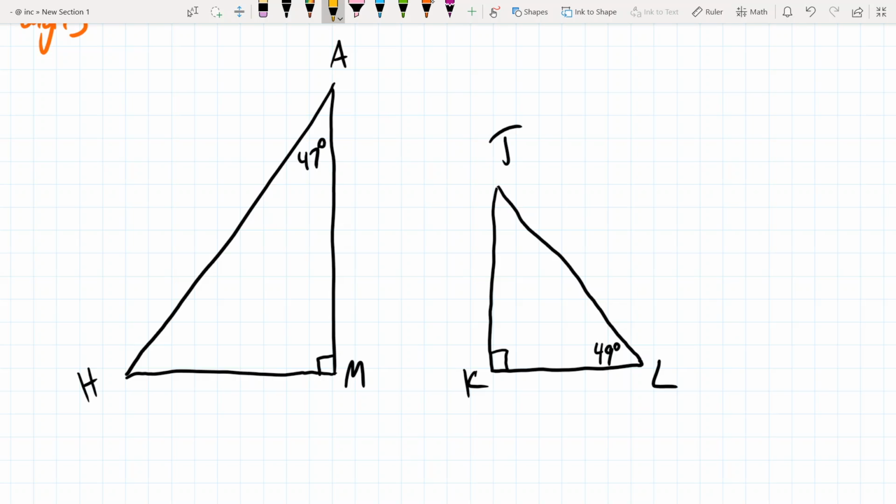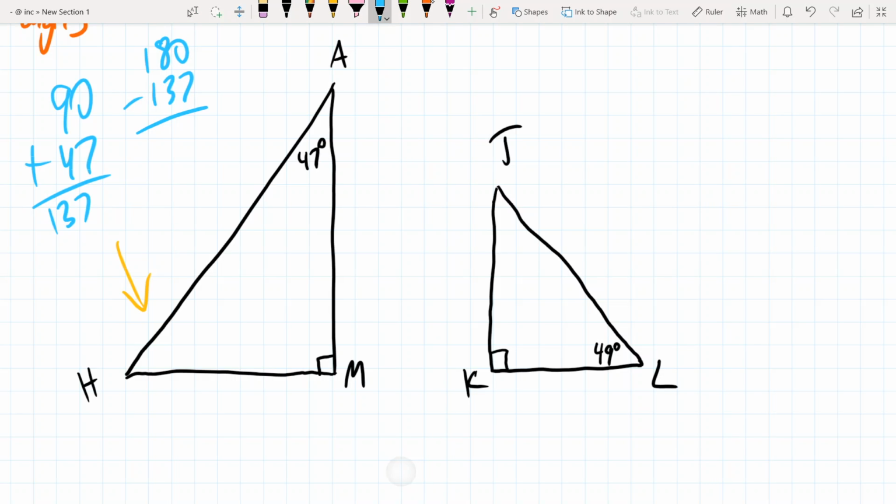It doesn't matter whether we want to find this one right here or this one right here. Let's go ahead and find angle H. So angle M is 90 degrees. Angle A was 47. If you add those up, you end up with what? 137. You know that the three add up to 180, and if you take away 137 from that, you're going to end up with what? 43?